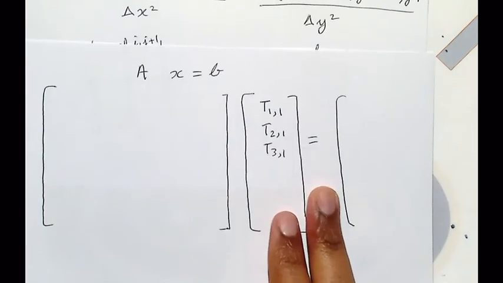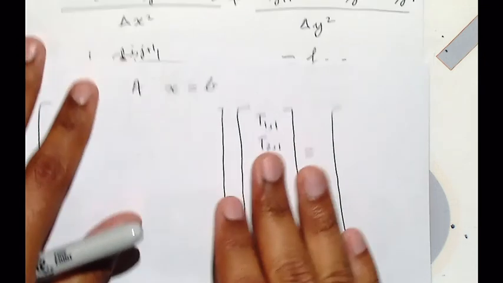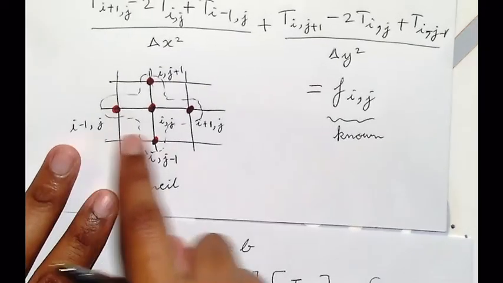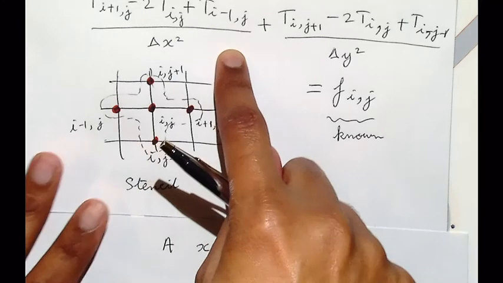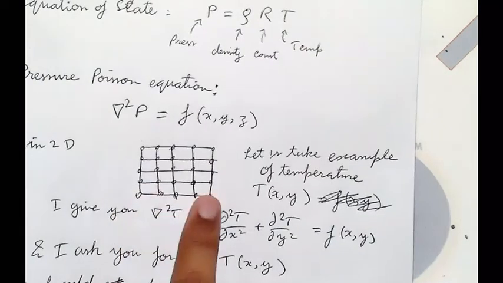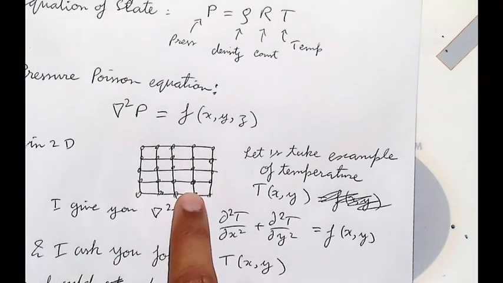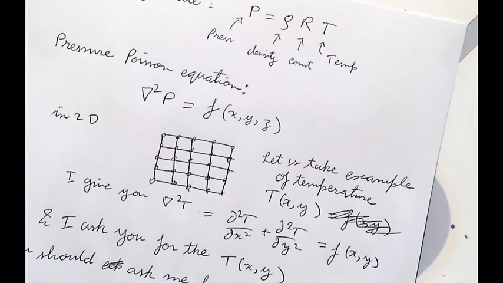So the problem now is we are in 2 dimensions. In 1 dimension it was easy, right? We had a rod and we would go from i equal 1, 2, 3, 4 to n. But now we have to go in 2 directions, in i and in j. And all of these 25 different T's, I can basically write as one long vector, right? That's what I'm doing here.